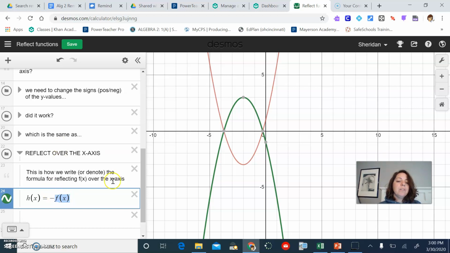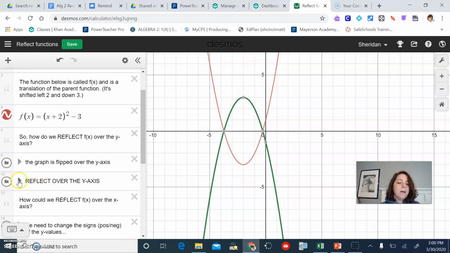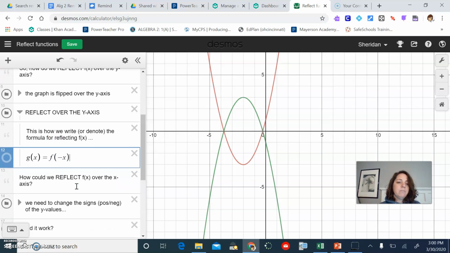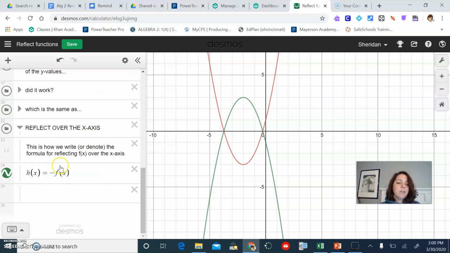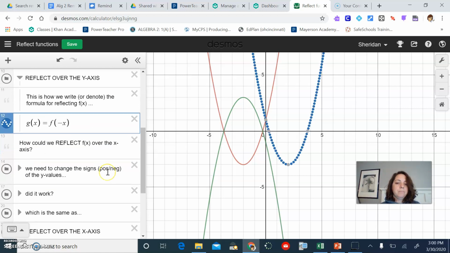So to reflect over the x, we change the y's. To reflect over the y, we change the x. That's the bottom line here. To reflect over the y, we change the sign of the x. To reflect over the x, we change the sign of the y. All right, let me show you both of those again.